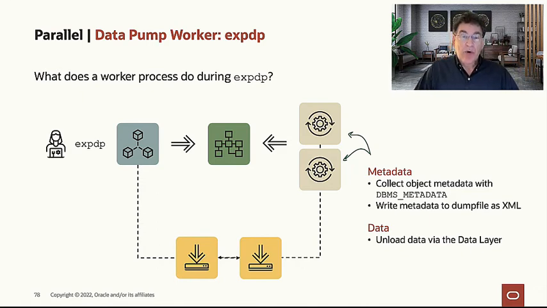The worker writes the metadata it collects to a dump file, or in the case of network mode, it converts that metadata for execution. The worker process may also be processing data using the data layer to unload in the case of export, or load in the case of import, or move in the case of network mode import of the data from source to target.